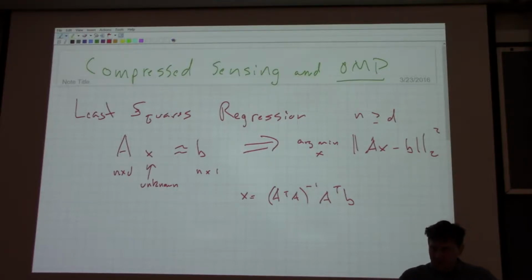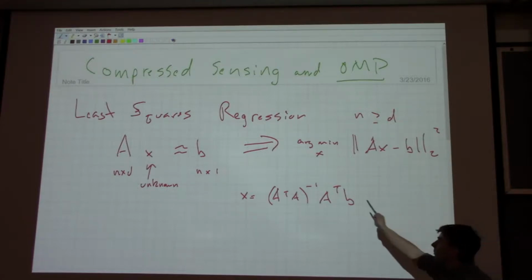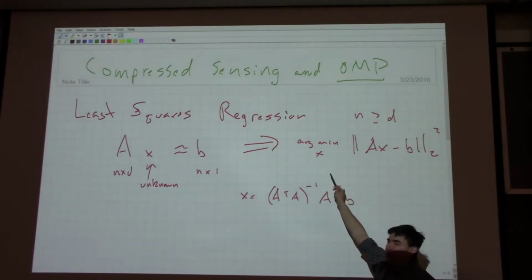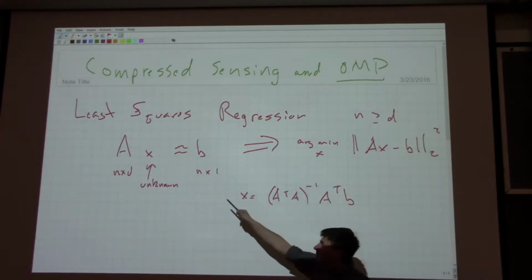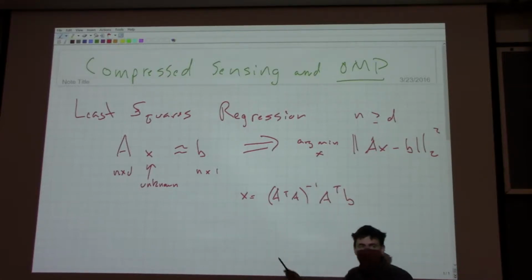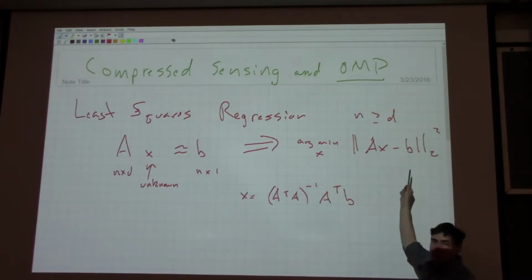And this works because n is bigger than d. Basically, if you remember from your linear algebra class, x has these d unknown variables, and there are n linear equations describing these variables. And so you can find the best set of d values that fits this as well as possible. You're going to have some error. You're not going to be able to hit this exactly.